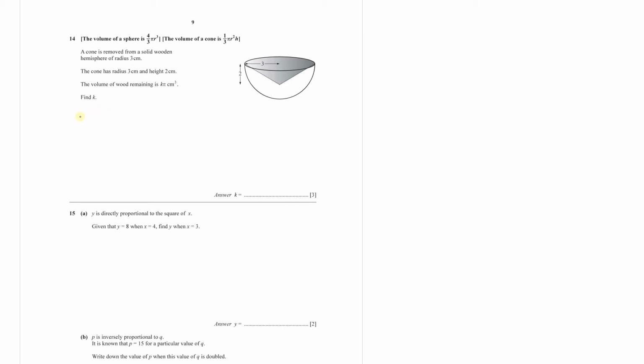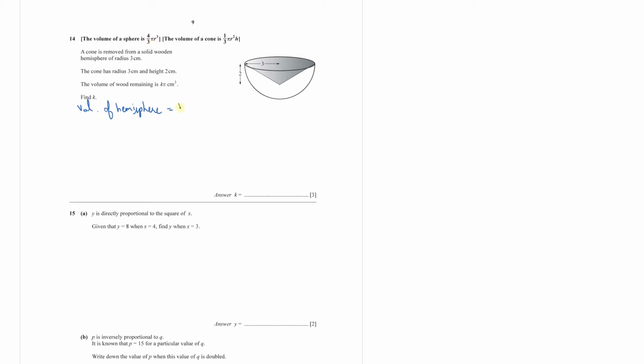So let's start with the volume of the hemisphere. For a full sphere, the volume is 4/3 πr³.